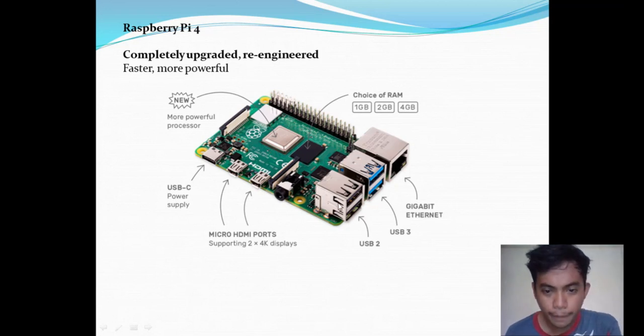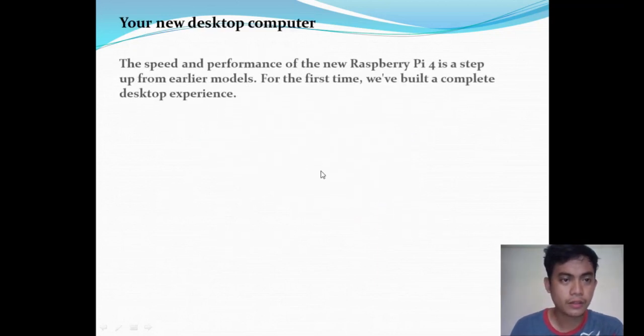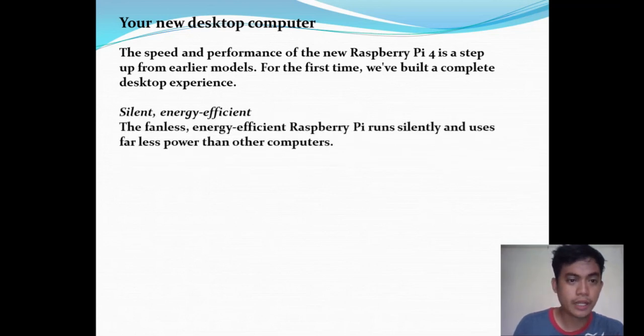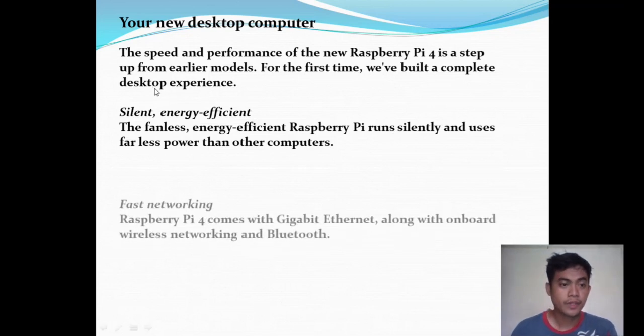And next is the performance. The speed of performance of the new Raspberry Pi 4 is a step up from the earlier models. For the first time, we built a complete desktop experience, so we were experiencing a real desktop here. So silent, energy efficient. The fanless, energy efficient Raspberry Pi runs silently and uses far less power than other computers.